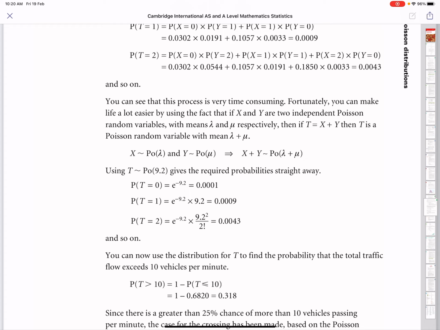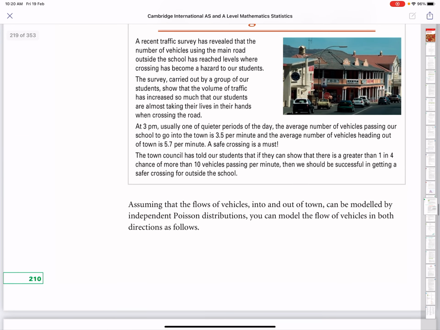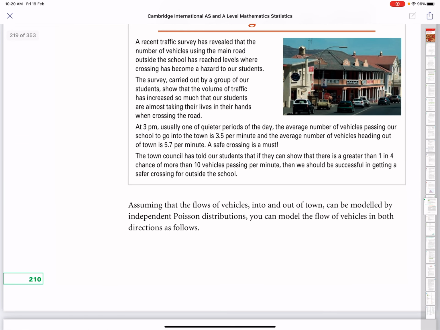So if you think about the mean number of cars entering being 3.5 and leaving 5.7, in total the distribution of cars would have a mean of 9.2. About 9.2 cars per minute doing something.